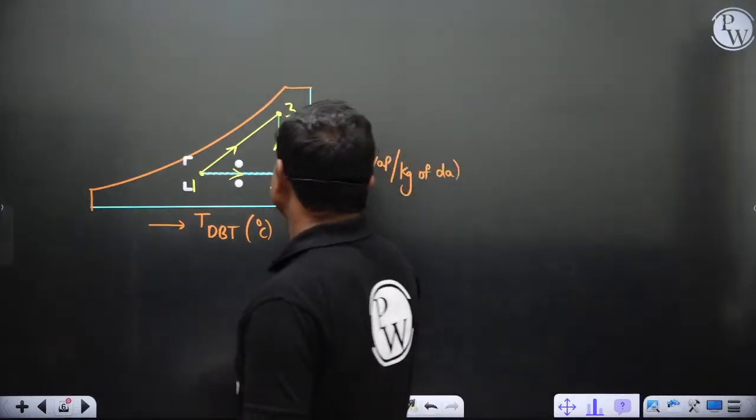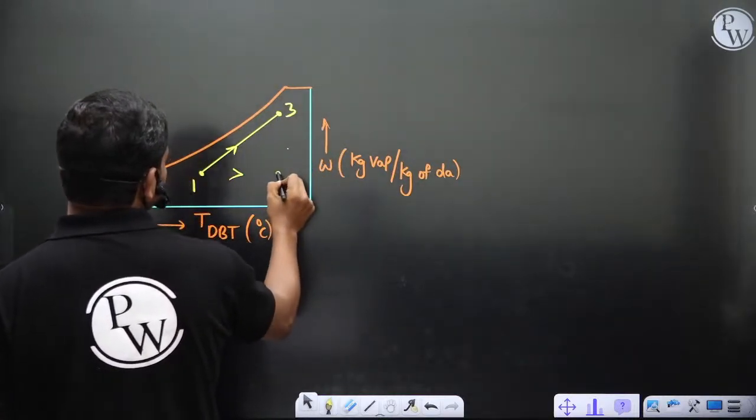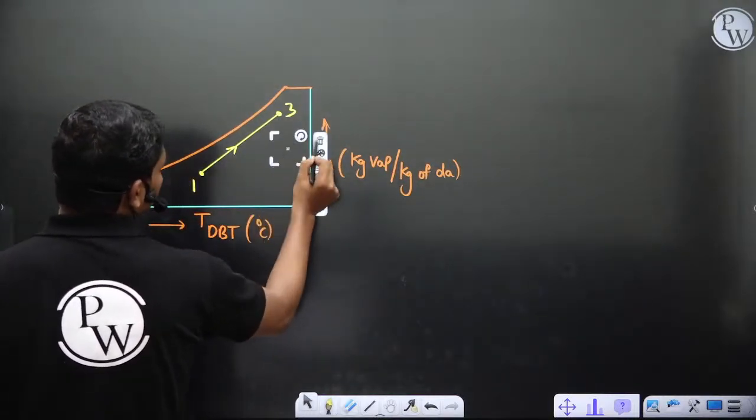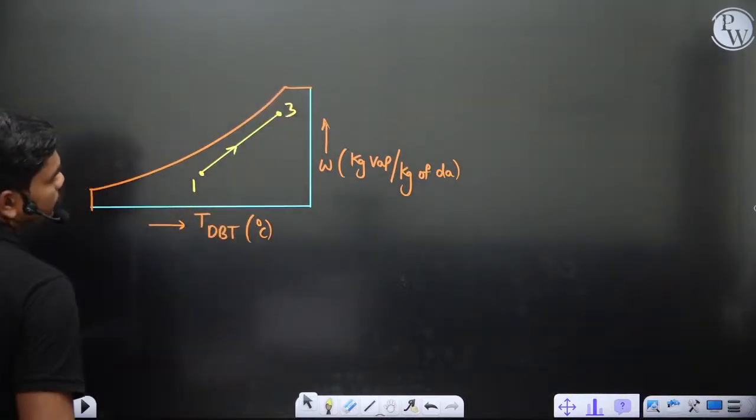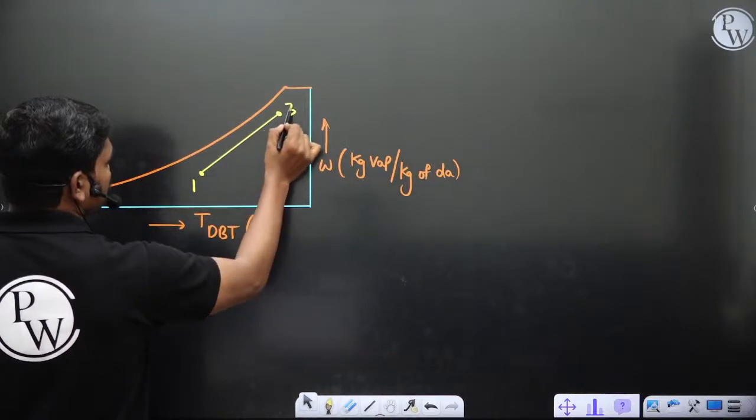Let me ask you a few things here. If I delete this, let's say I'm deleting this, this is the final result. Because of some process, your air went from this point to this point. Let me make this line a bit short so that you can understand certain things.